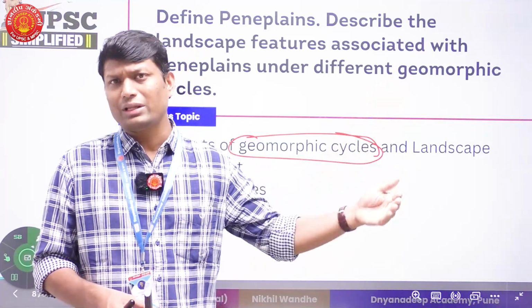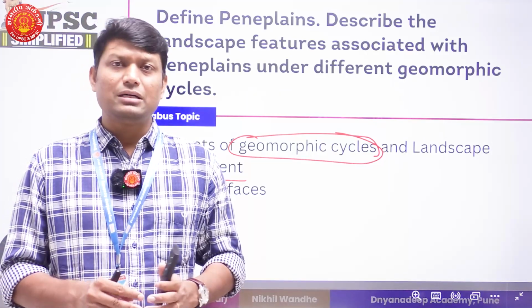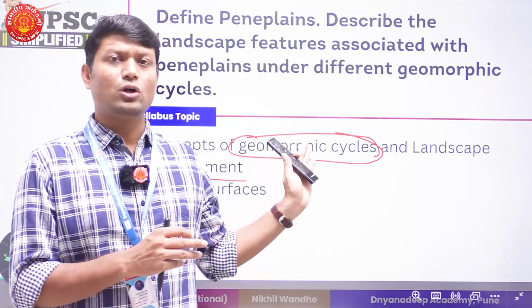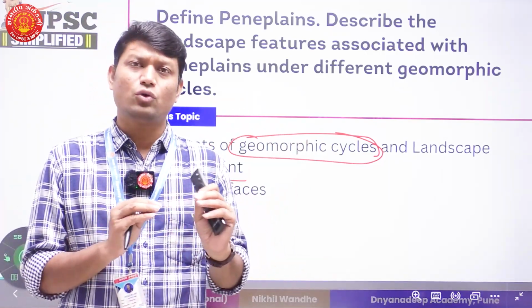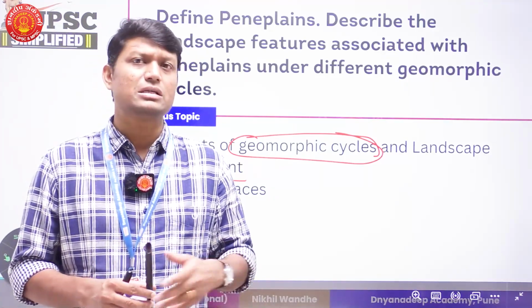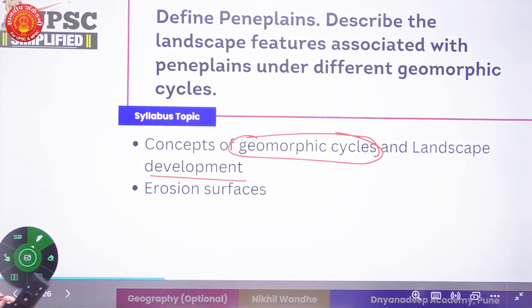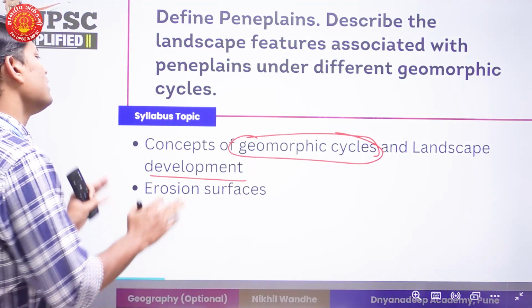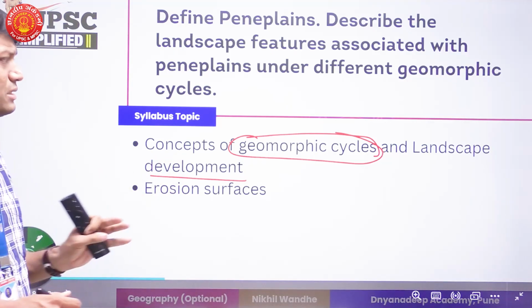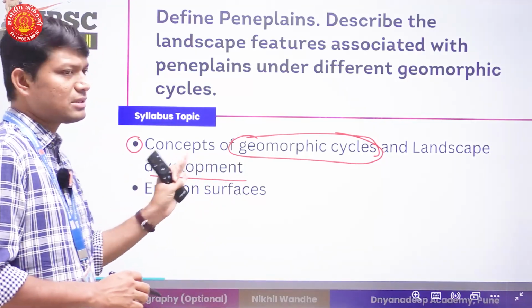So there are more than 10 or 15 cycles we come across in the syllabus. But typically when it comes to this particular topic, you are supposed to be thorough with 4 or 5 particular cycles, in which Davis is very important, Fink is equally important, and then there is Crickmay and JT Hack or Morisawa, which are forming a key part of the syllabus. Fine. So I have just given you a brief introduction to what this syllabus topic is.